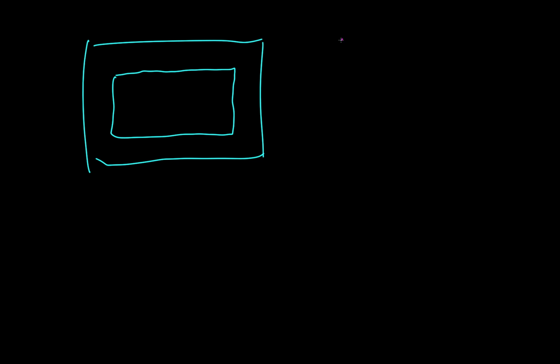So we're going to say we have a 4 by 5 inch picture. And so this dimension would be 4, this would be 5 inch, and then the width of the frame is W. So from here to here is W. From here to here is also W.